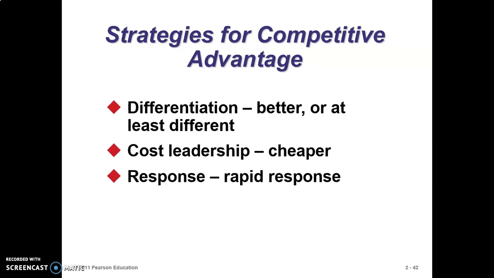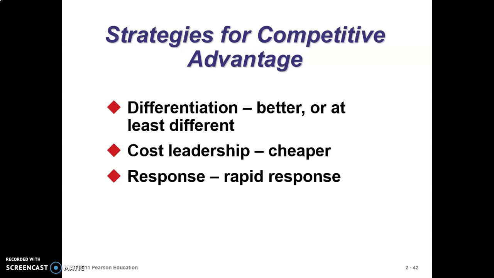Okay, and we will go through the SWOT after this. Let's take a look at strategies for competitive advantage. Competitive advantage is how we are different compared with other organizations. So we are competing using differentiation. Differentiation is how we want to be different, by having something better or at least different from other companies. The second one is cost leadership.